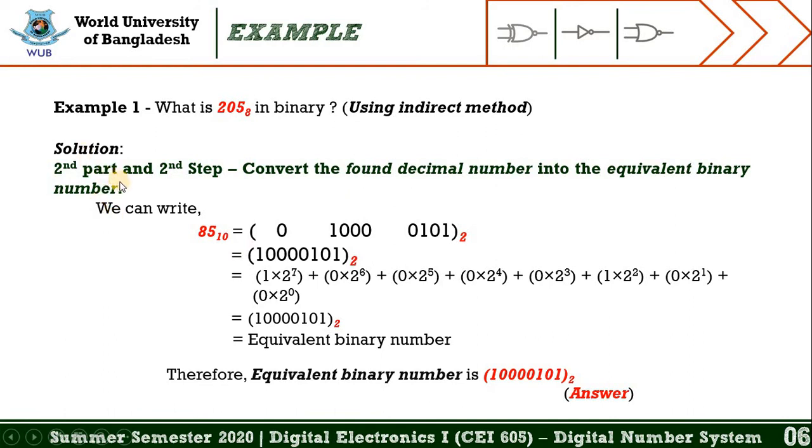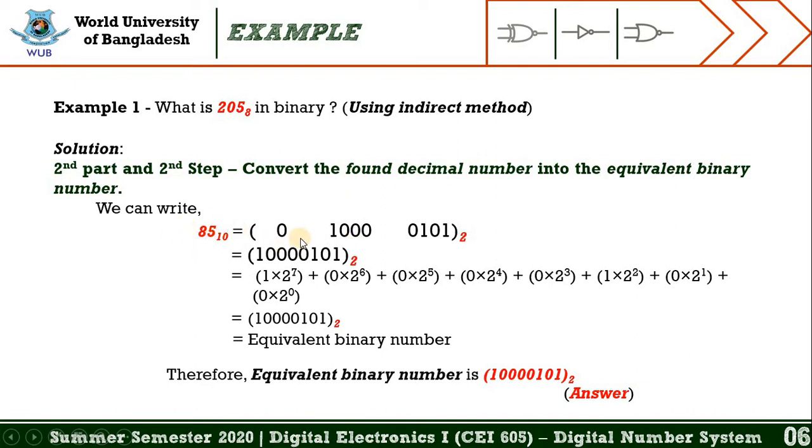Here is the second part of this mathematical problem. Second part and second step: convert the found decimal number into the equivalent binary number. Since we have to convert octal to binary, we need to convert the found decimal number into the equivalent binary number. We found the equivalent decimal number is 85.